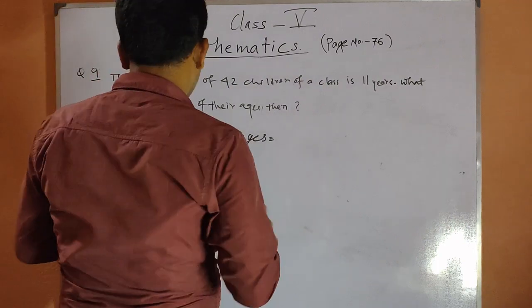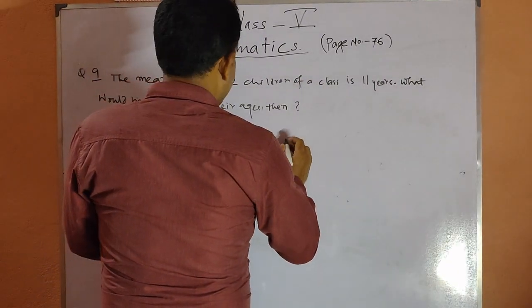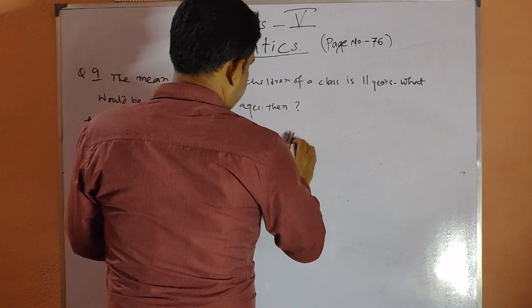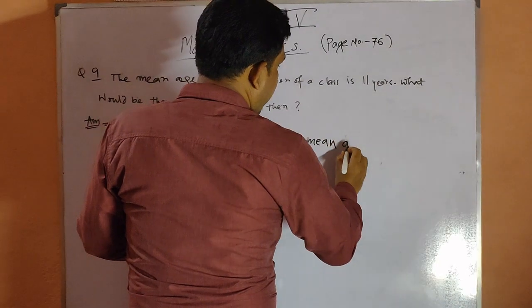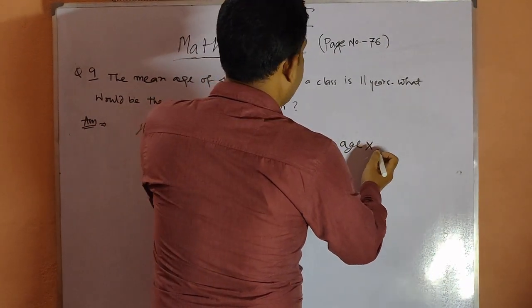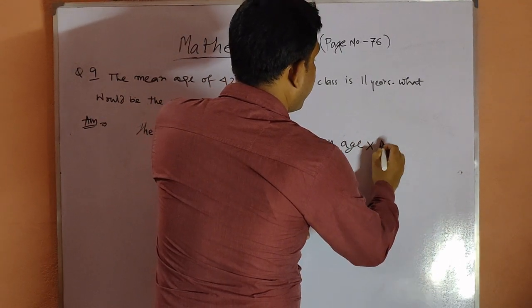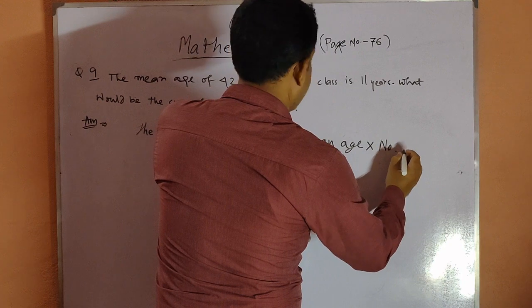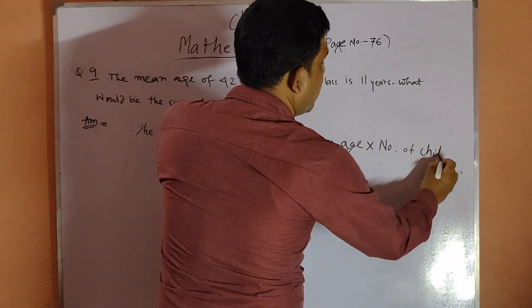That means the sum of the ages is equal to the average age, that means the mean age, into number of children. This is the formula.